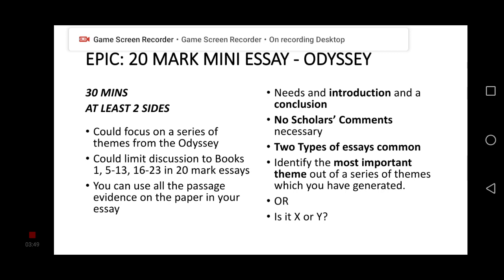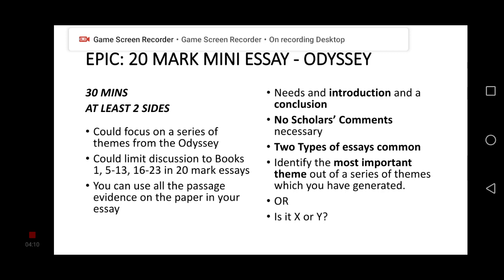2 types of essay are common. Identify the most important theme out of a series of themes, and that could be 4 to 6 themes you have generated, and then you pick out the most important, and you should reiterate that most important theme in your conclusion.